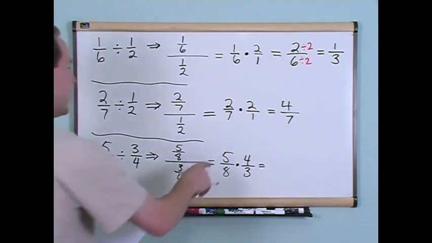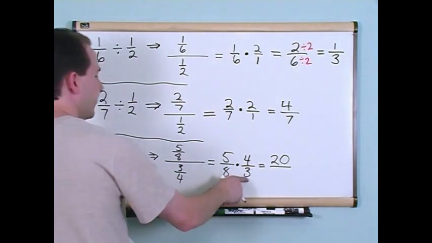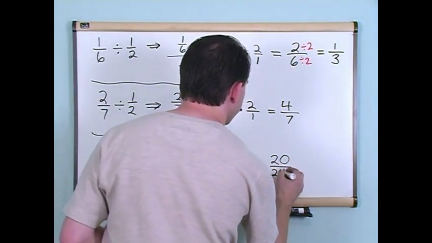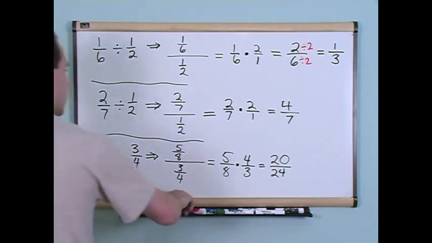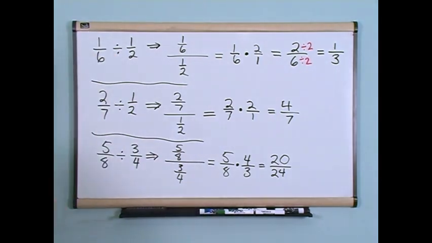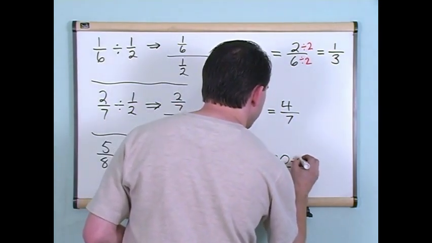So it's real easy. 5 times 4 is going to give you 20. And 8 times 3 is going to give you 24. So like anything else, you need to say, well, can I simplify this anymore? Can I do anything special with this? Well, you can divide the top and the bottom by 4.